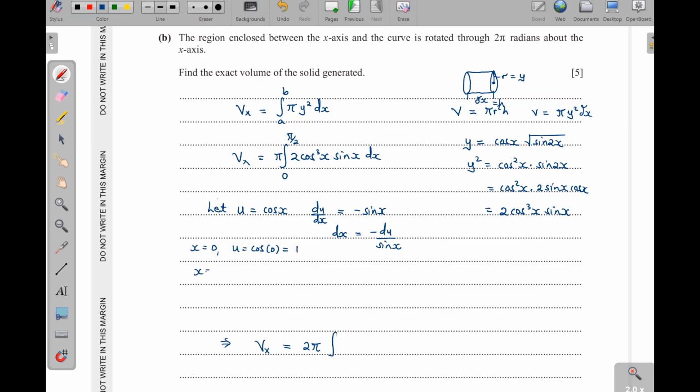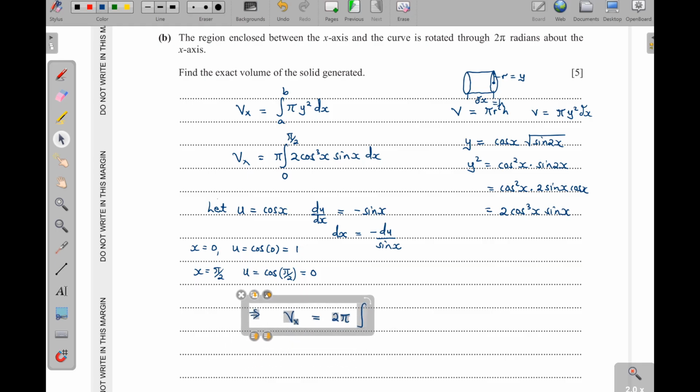And then when x is equal to pi over 2, then u is equal to the cosine of pi over 2, which is 0. So implying that when we integrate this one here, where there is the x as a 0, I'm putting a 1. So that is 1. And then where this one was, I'm going to put a 0.